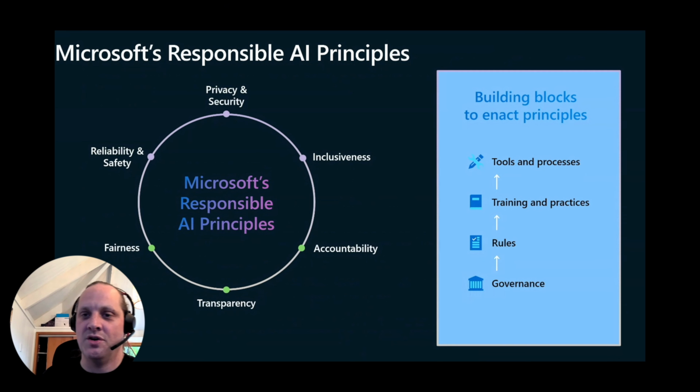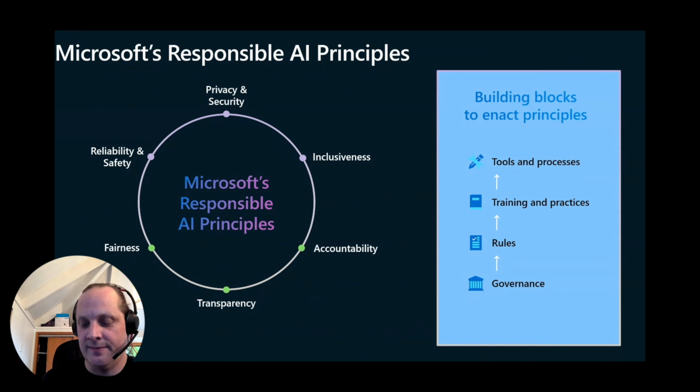But fundamentally, all organizations need to adopt some form of principles and a set of guidelines and governance that everyone in the organization knows about. And again, I encourage you to go to aka.ms/RAI, and you can take this framework for yourself and use it in your own business and adjust it how you need to.